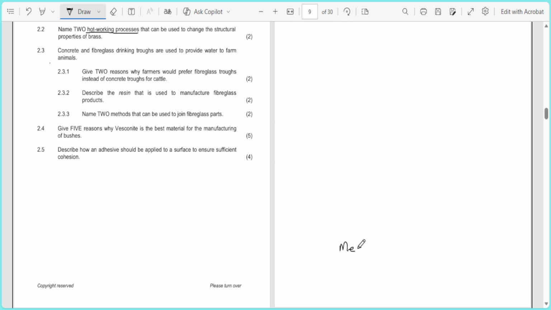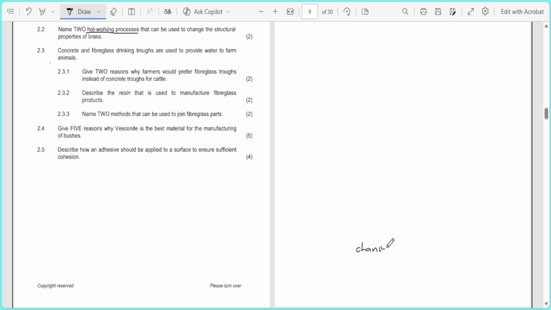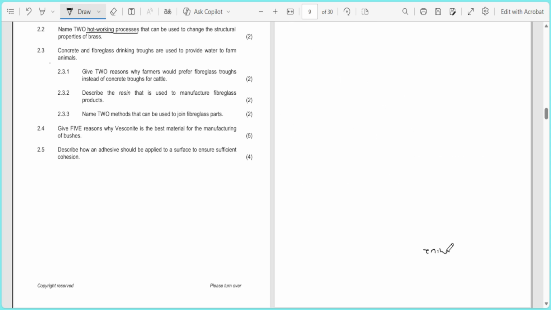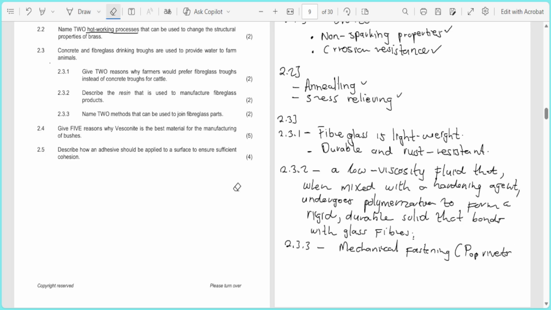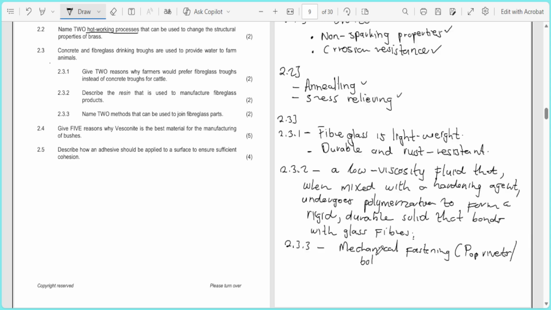Mechanical fastening, which involves things like pop rivets, and another option would be bolts and nuts.